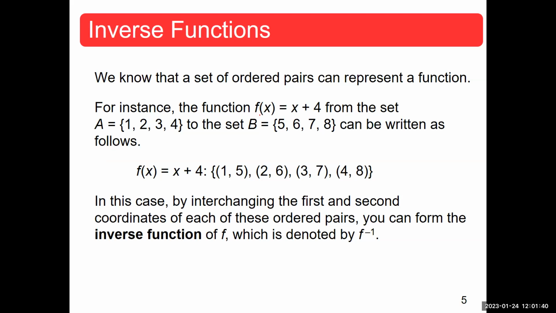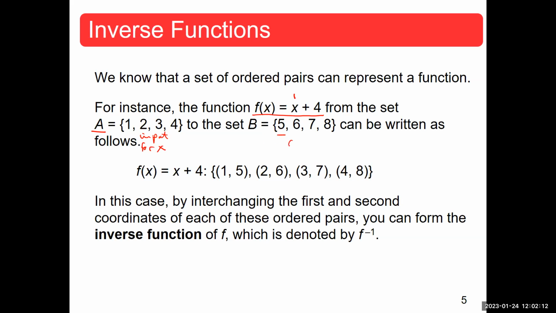So if I have a function f(x) equal x plus 4, and I have a set of data A equal 1, 2, 3, 4. This is the input for x. If I plug in 1, 4 plus 1 is 5.